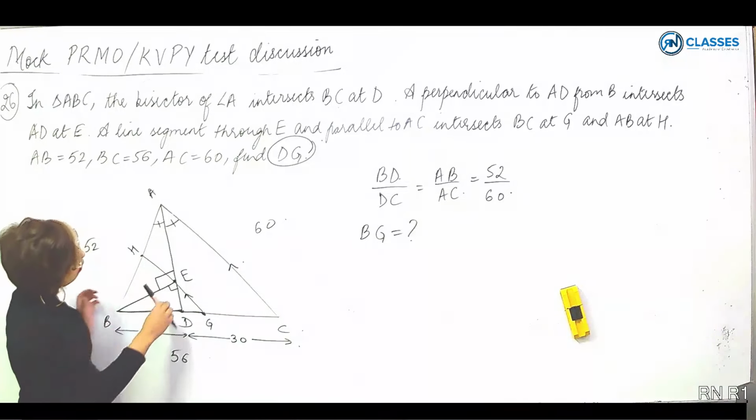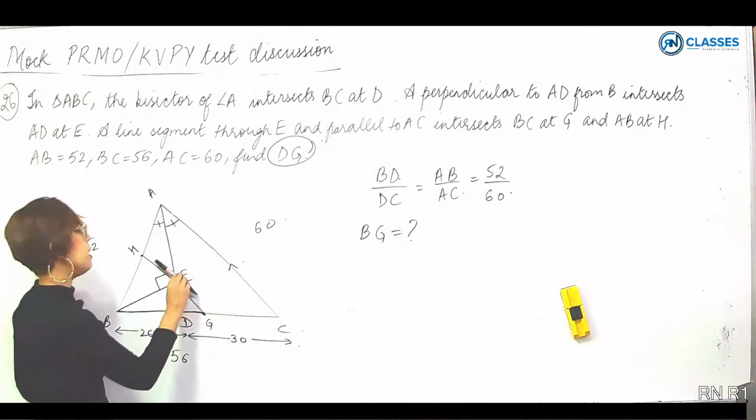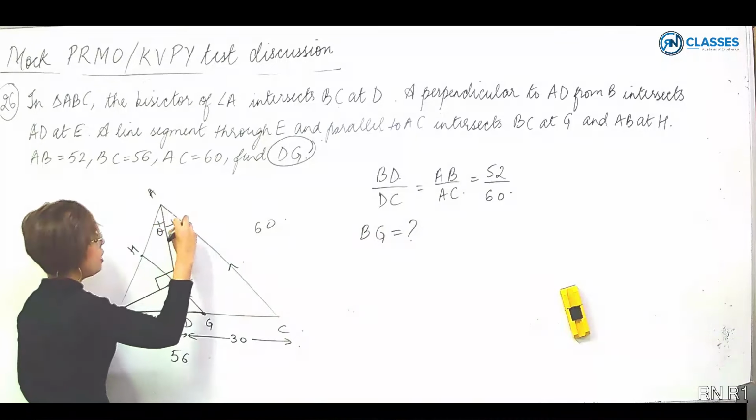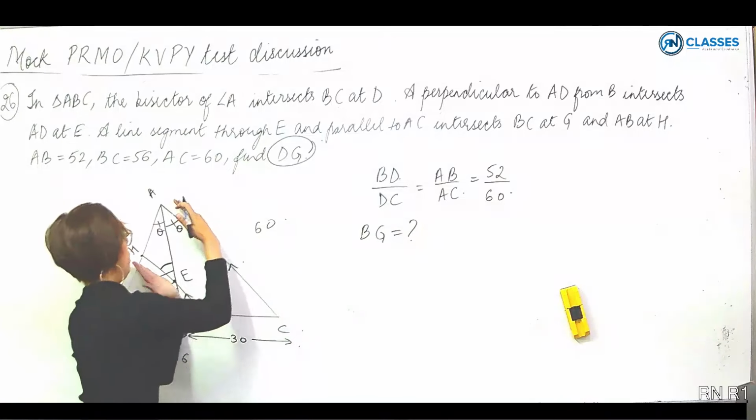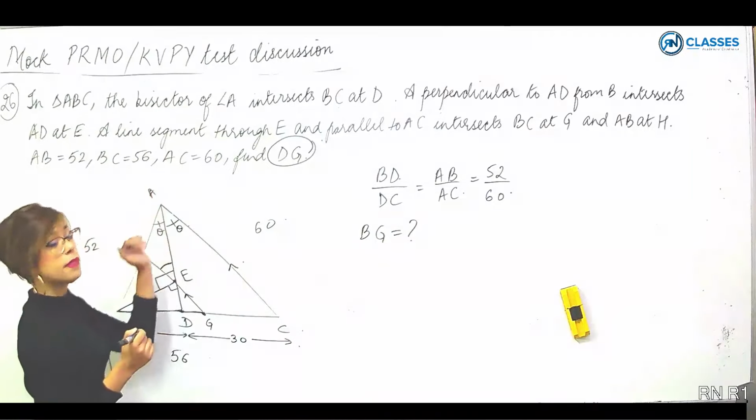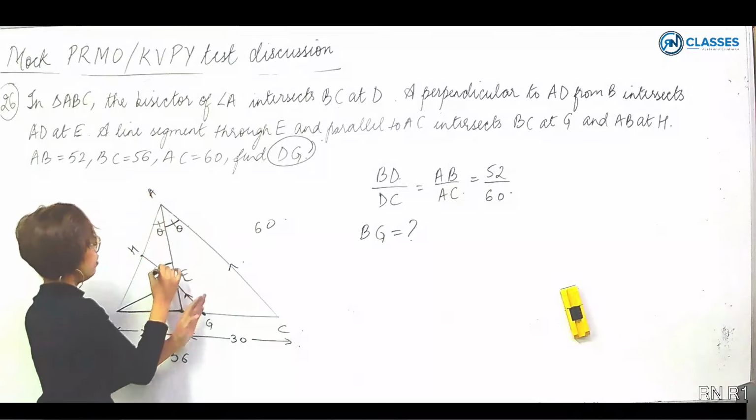Now, if this line is parallel to this one, and these two angles are equal, can you tell me what this angle is? These two lines are parallel. This is the transversal, right? This angle will be equal to this angle.